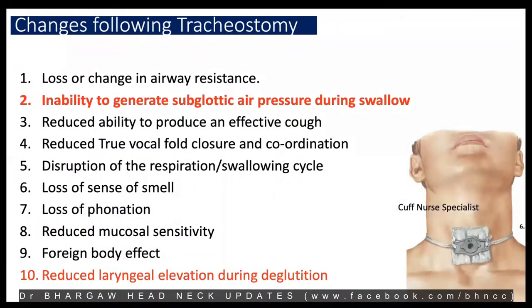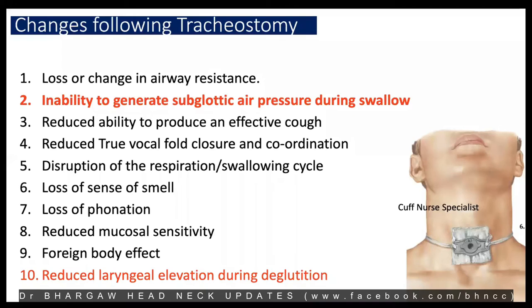Patients with tracheostomy still have some amount of aspiration. This is mainly because they also have some amount of dysphagia, as they are not able to maintain the subglottic pressure which is needed for a swallow.